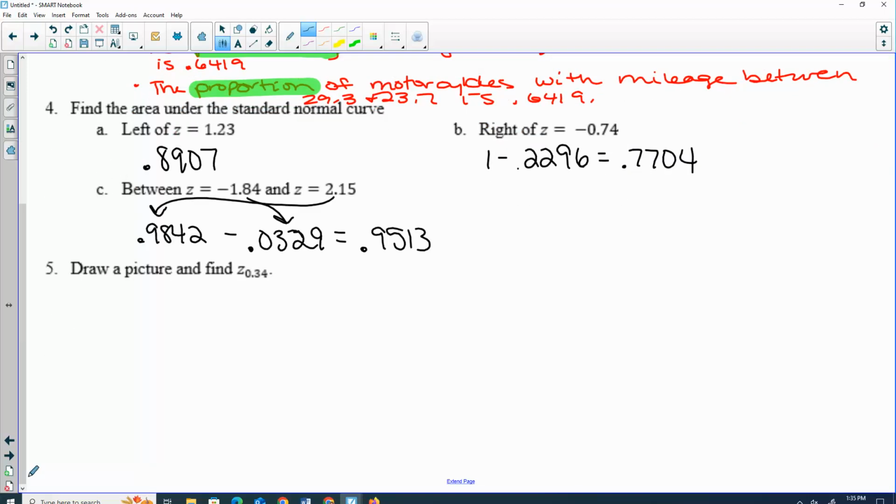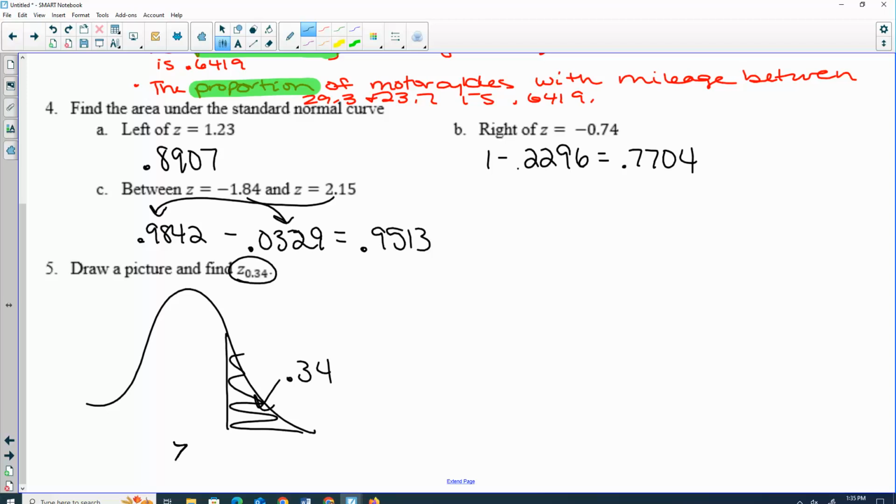Number 5, the Z alpha notation. So this does the opposite. It gives us area to the right. So it's saying draw a curve where the area to the right is 0.34. And what you're finding is the Z. Now, our table gives us area to the left.